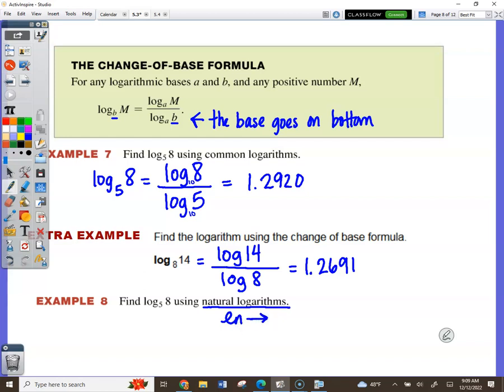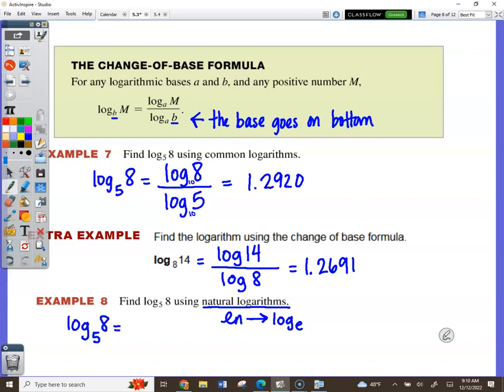Log base e. That means we've got to use log base e. So they want us to take this regular log, rewrite it as log base e, and then clean it up into ln. All right, so we've got log base 5 of 8.